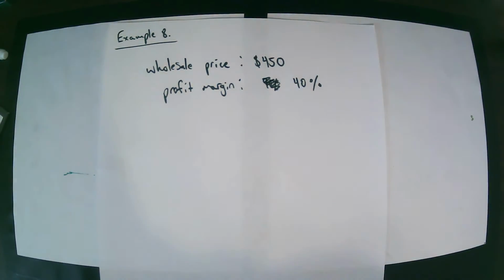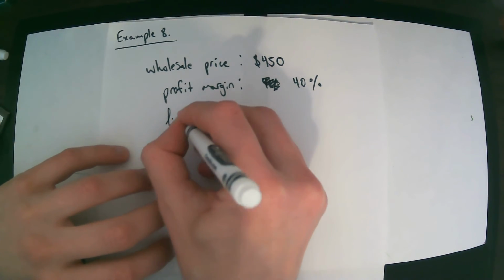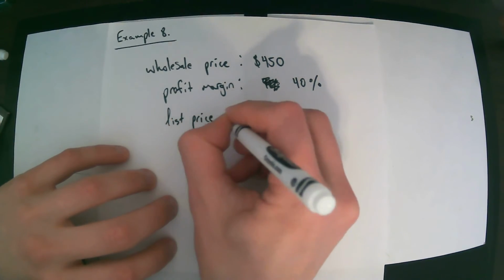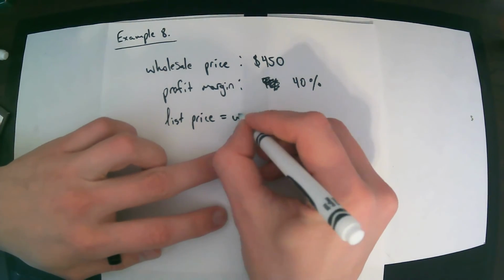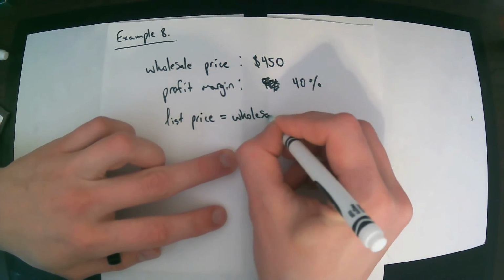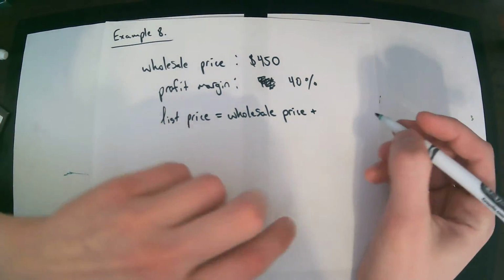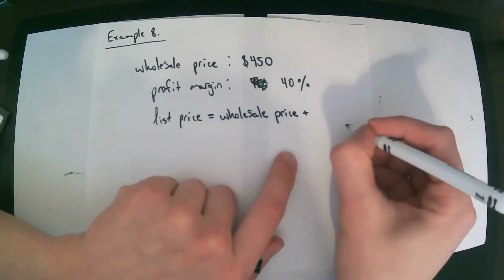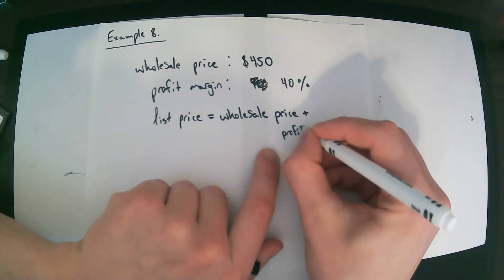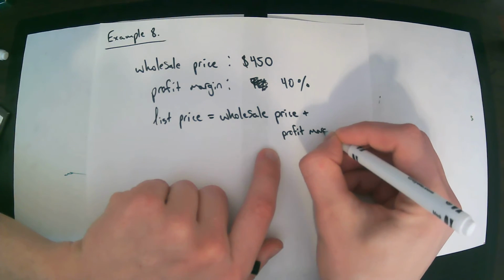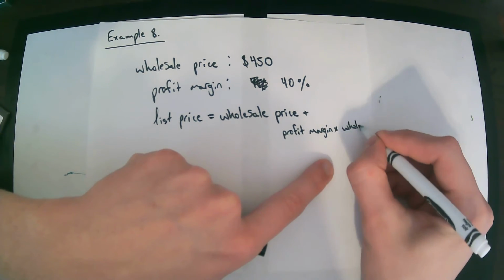And what do we want? We want that list price. The list price is going to be equal to, of course, wholesale price has got to be in there, plus profit margin times wholesale price.